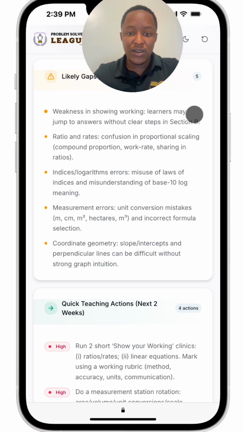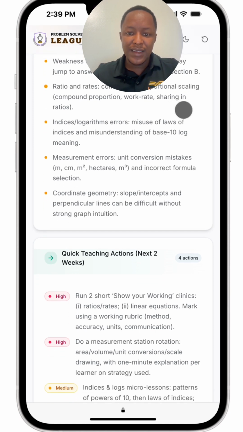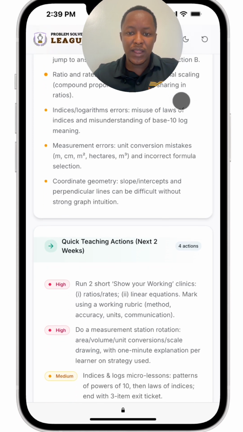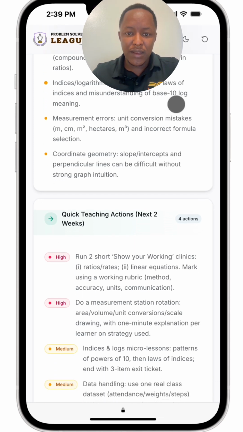Also, ratios and rates are usually very confusing for learners, to know proportions, whether in work rate or in sharing ratios. Indices and logarithms: usually the base 10 meaning in logarithms is really important for learners to understand.